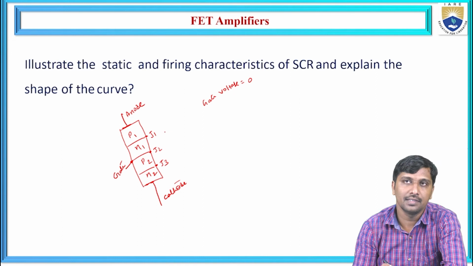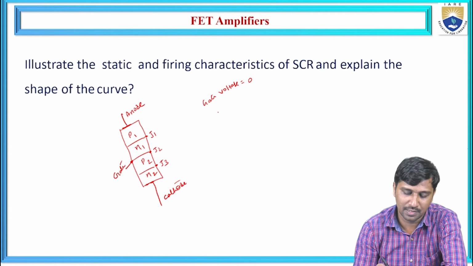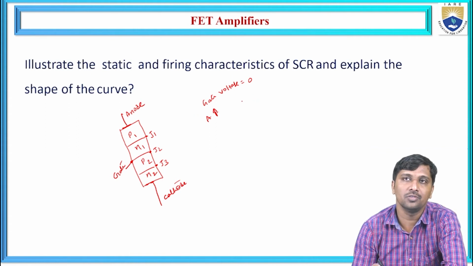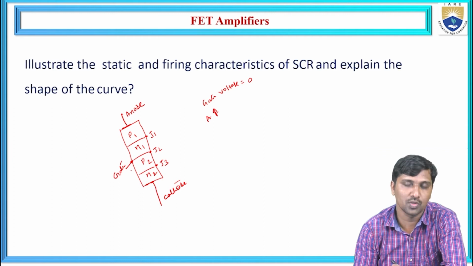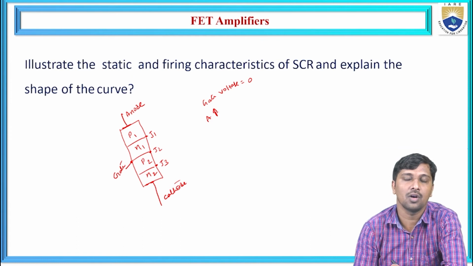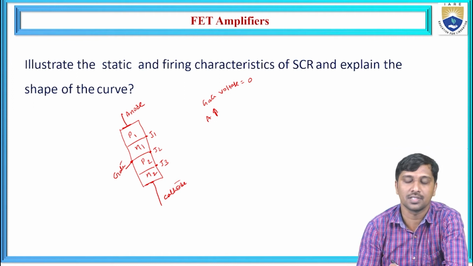You should explain what happens when the gate voltage is 0, and what happens as your anode voltage increases across the three junctions or layers. Then draw the characteristics and show how the curve should look. Then explain what happens if you apply some gate voltage in a positive or negative direction, and with the characteristics show how the SCR changes from off state to on state.